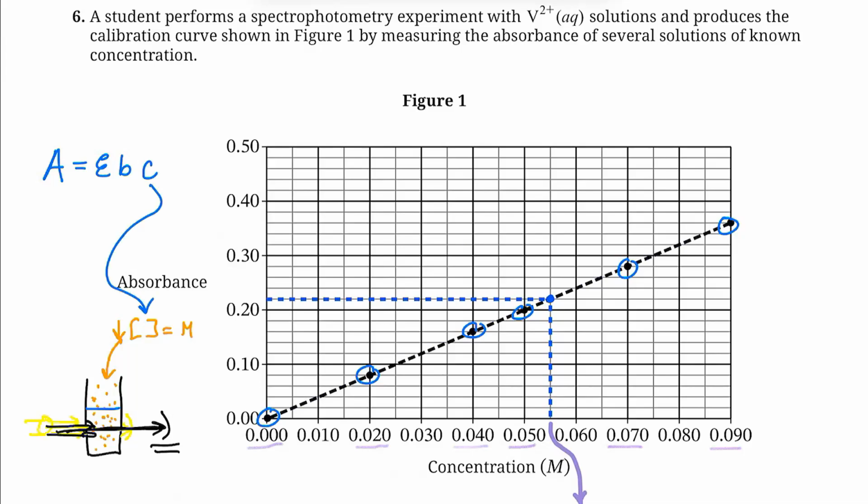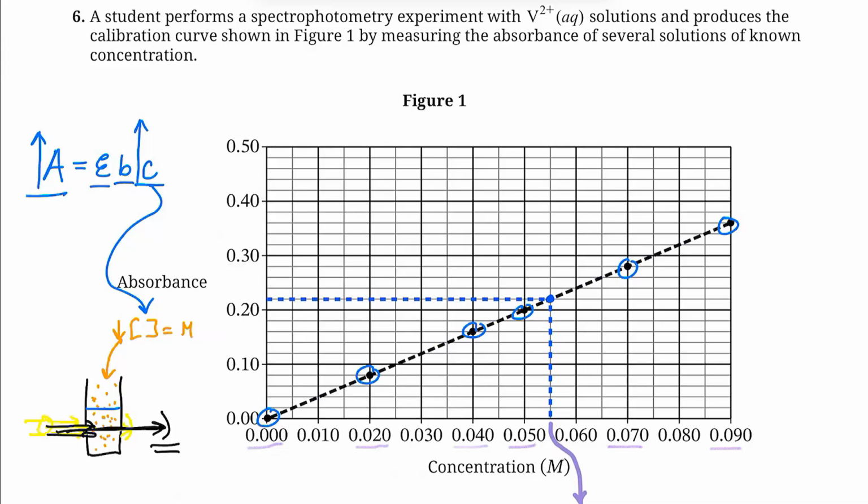And this distance the light is traveling through the cuvette, through that rectangle, is constant, and so is the absorptivity constant. So if you've got greater concentration, you've got a greater amount of absorbance of wavelengths of light of a certain type by the chemical in the cuvette, or hey, there's more missing light. So this is the relationship that we're plotting here.